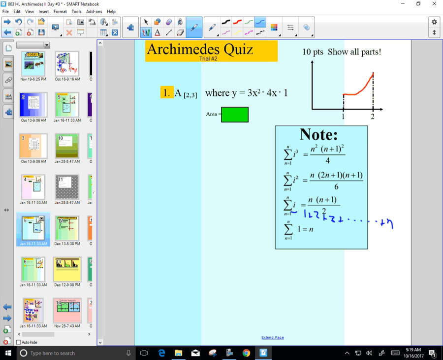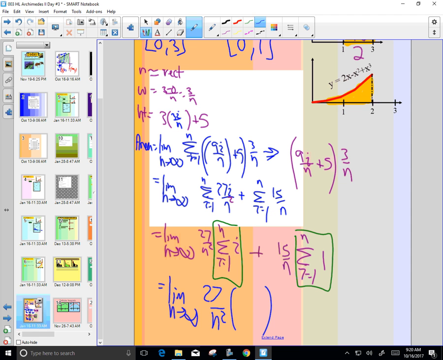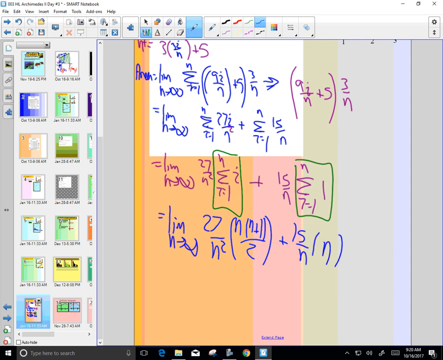That can be replaced for 1 plus 2 plus 3. That's nice to know. So we can replace this with n times n plus 1 all over 2. Now if I have 1 plus 1 plus 1 n times, what can I replace this summation with? N.